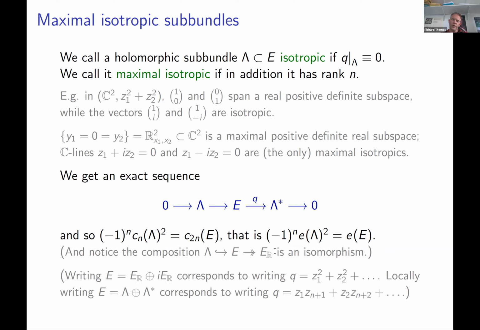So what you do is you take a local section of E, and you pair it under Q. I want to give, given E, a linear functional on lambda. So given an L in lambda and an E in E, I should be able to produce a complex number, and it's just the pairing under Q of E and L. Does that make sense?